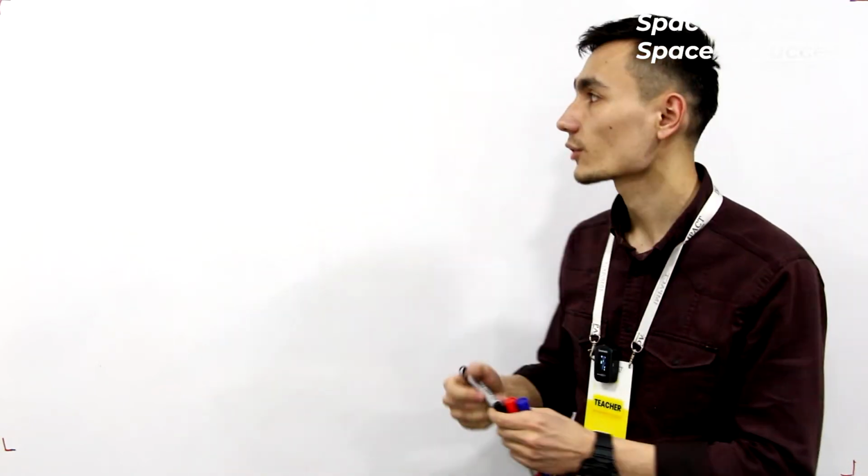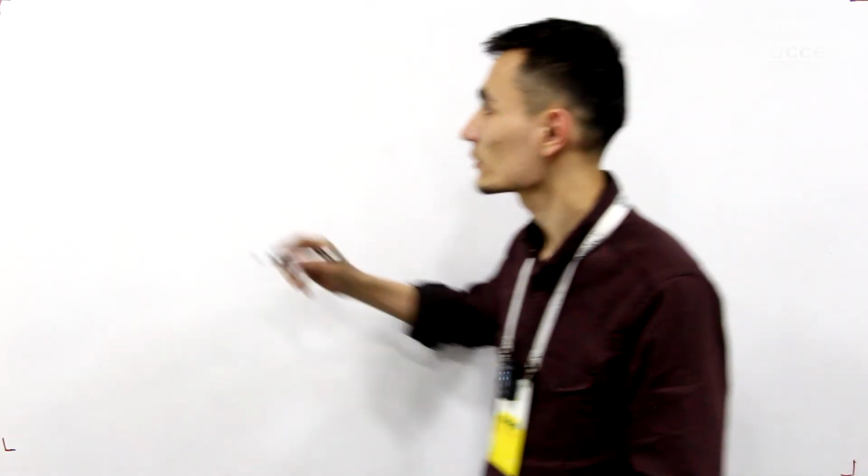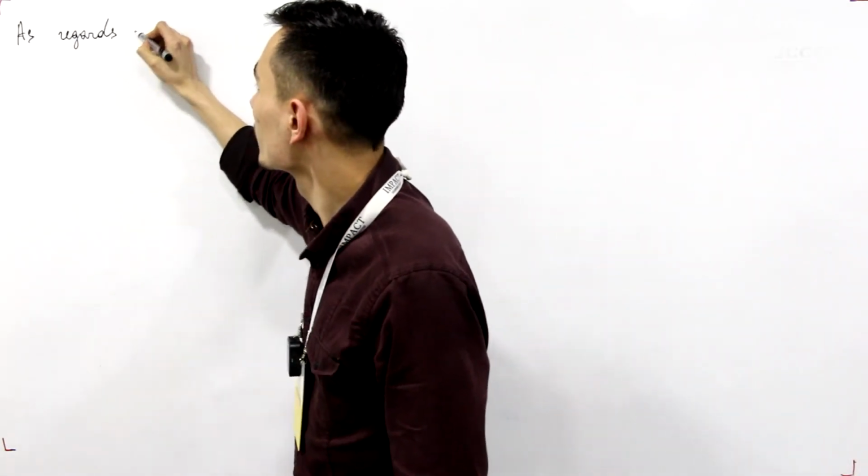Here what we have to do is continue describing our eastern part of the island. We have to give some kind of starting structure. Let's simply say "as regards".